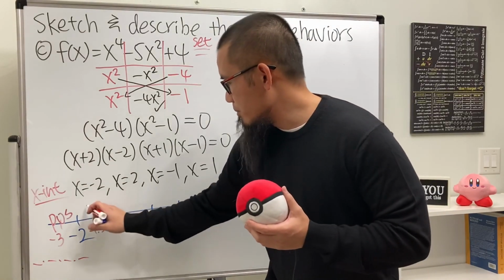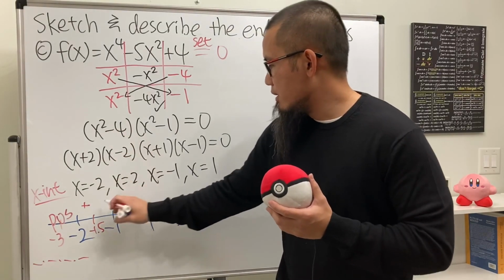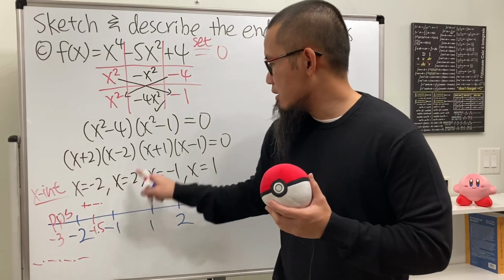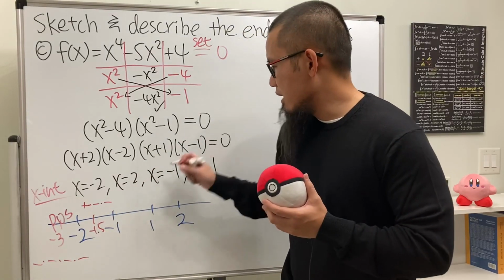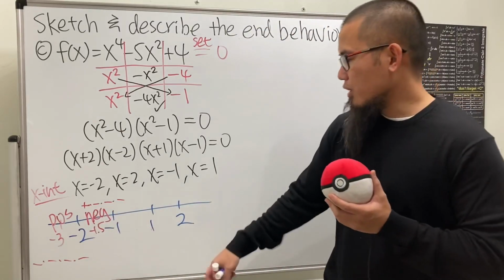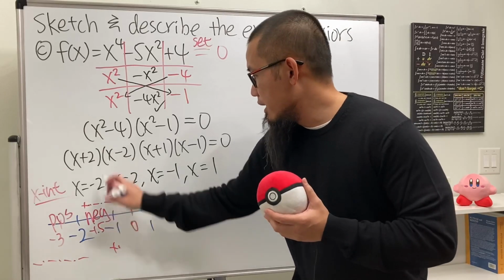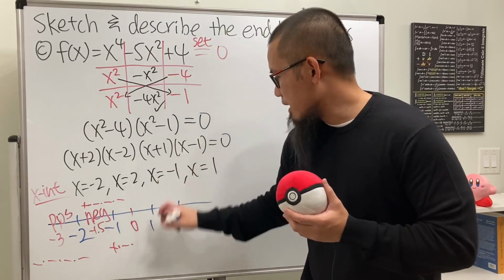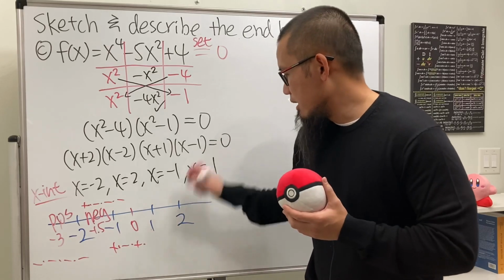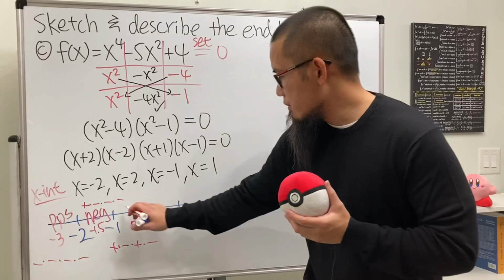So let's put down maybe right here, positive times negative, and then negative, and then negative. So altogether we get negative. And then just continue. Let's say 0. Put 0 into here, we get positive, and then negative, and then positive, and then negative. So all in all, we actually get positive right here. Okay, good.